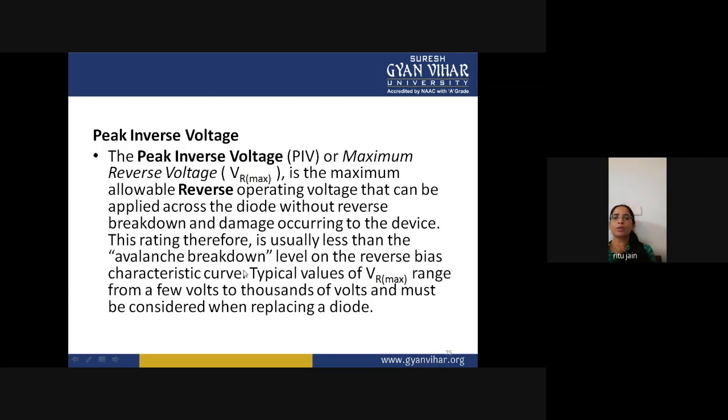Typical values of VR max range from a few volts to thousands of volts and must be considered when replacing a diode.